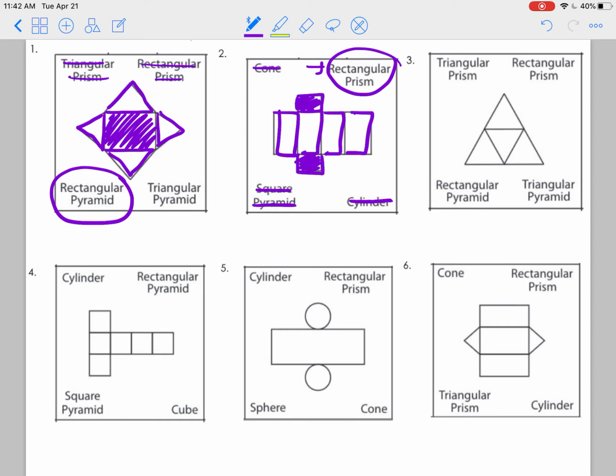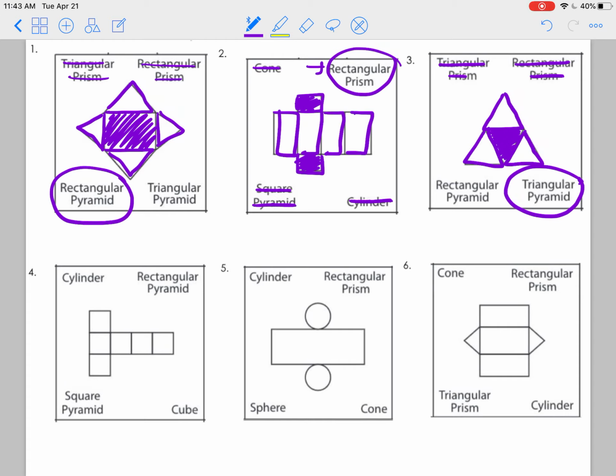Okay, number 3. I see these triangular sides here, so I know it's some type of pyramid. I can eliminate triangular prism and rectangular prism. Now I just have to look at the base to figure out what type of pyramid it is. The base forms a triangle, so I know that this pyramid is a triangular pyramid.